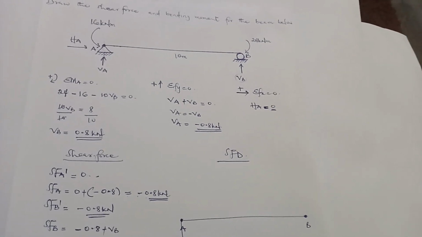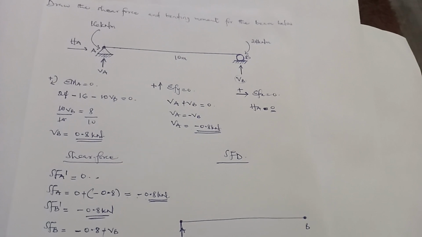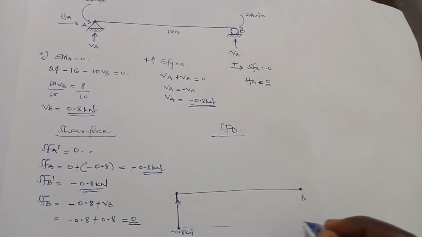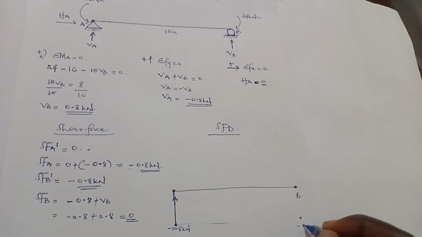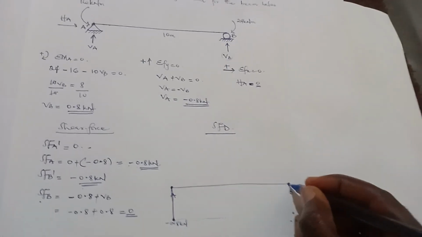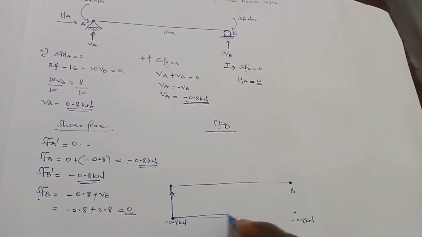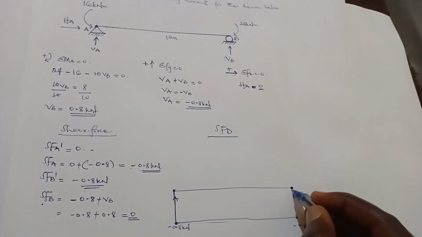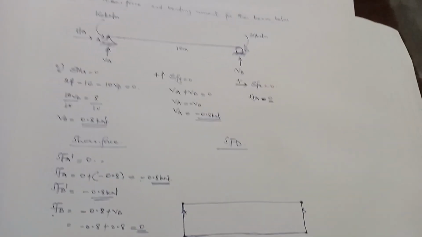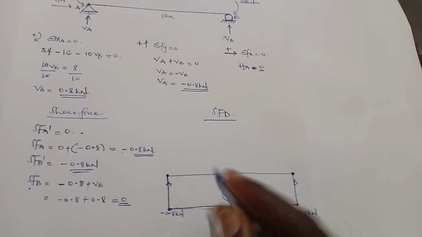So connect these two. The shear force at B prime is also negative 0.8 kilonewton, and the shear force at B is 0. So we connect these two and connect this and this. That's the shear force diagram, and it's all negative.